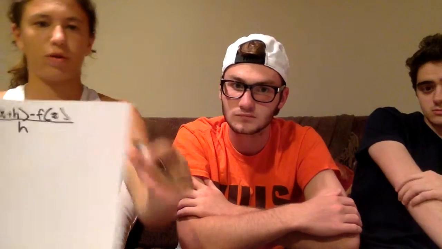So to start off, we have to write the original equation, which is f prime of x equals the limit as h approaches 0 of f of x plus h minus f of x all over h. And I know you've seen this a million times, but this is what it looks like.